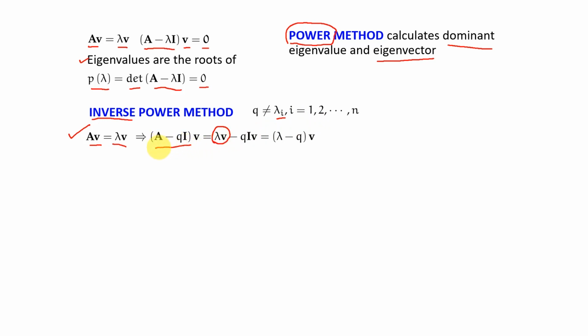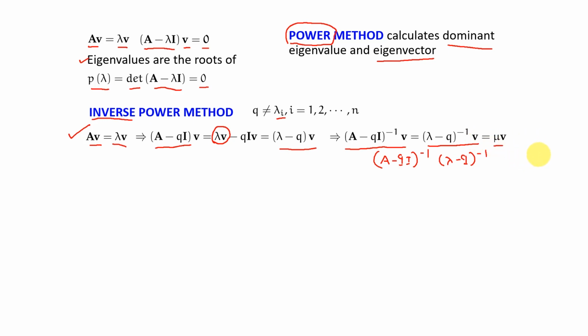Now that I have (A minus QI) V equals (lambda minus Q) V, I can multiply both sides by (A minus QI) inverse and by (lambda minus Q) to the power minus 1, and then I get this relation: (A minus QI) inverse V equals (lambda minus Q) to the power minus 1 V. We write this (lambda minus Q) to the power minus 1 as mu.